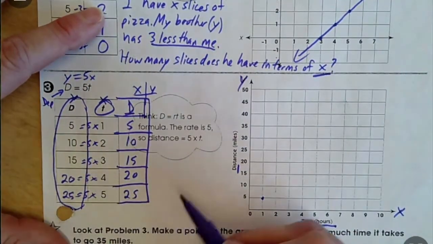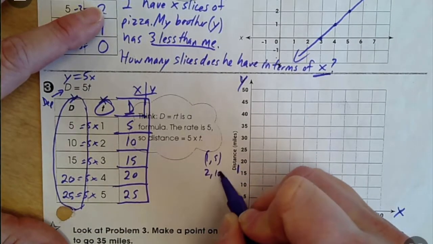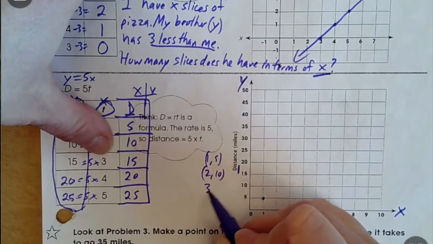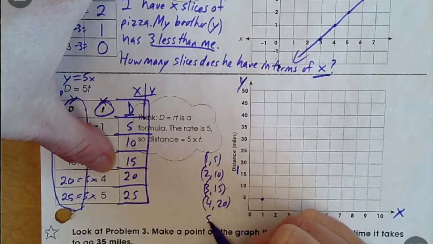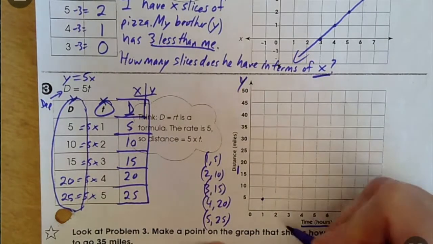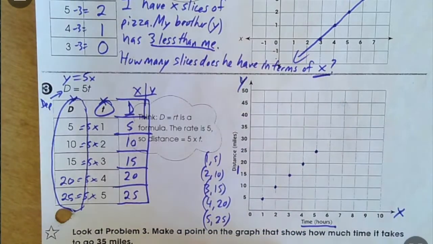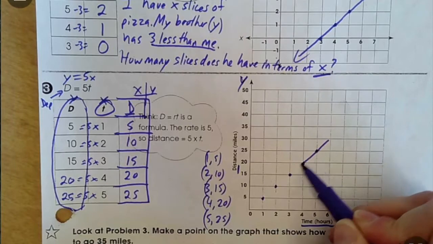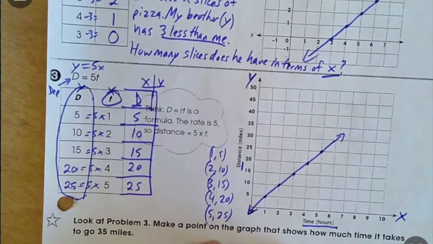So when you graph this, that's like 1 comma 5, 2 comma 10, 3 comma 15, 4 comma 20, 5 comma 25. So this one's kind of backwards here. So when you graph this, it looks more like this to help. Again, it's linear. And then you can do the other side for more practice.